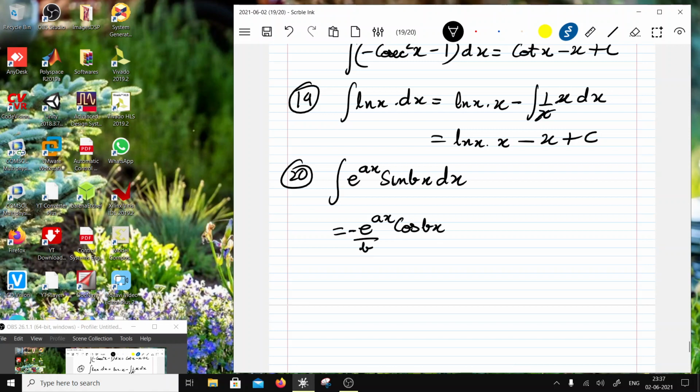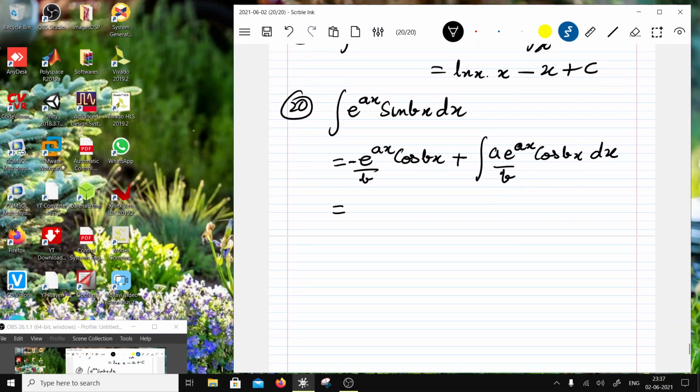First term into integral of second term minus integral of derivative of first term, which is going to be a e raised to ax. The integral of second term is going to be cos of bx by b, and minus will become plus, isn't it? dx. Now I'm going to do the second part by b cos of bx.